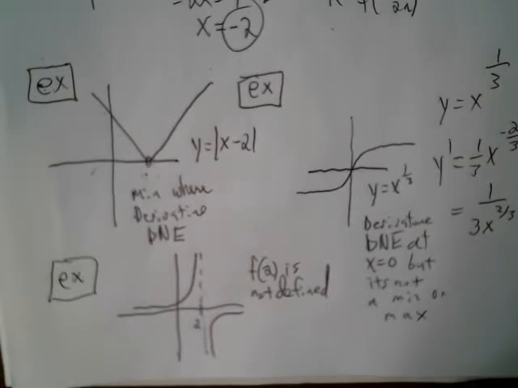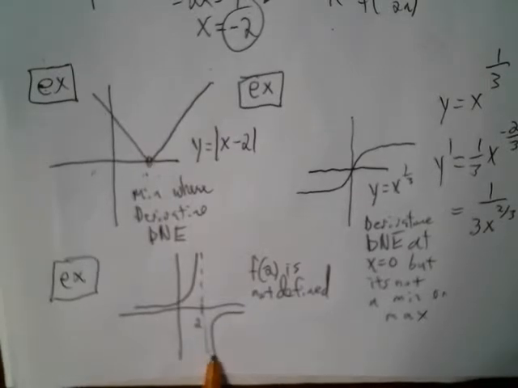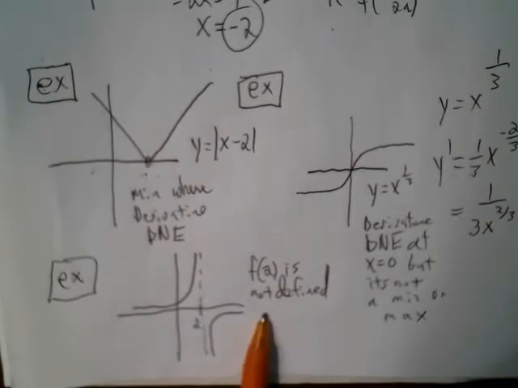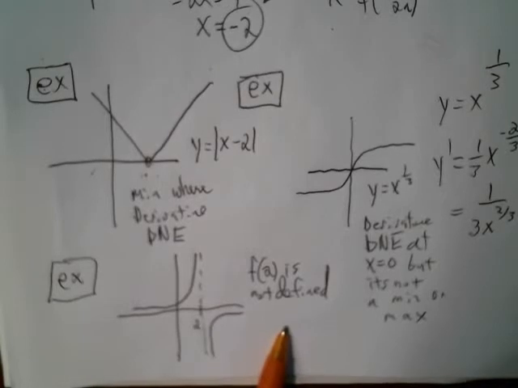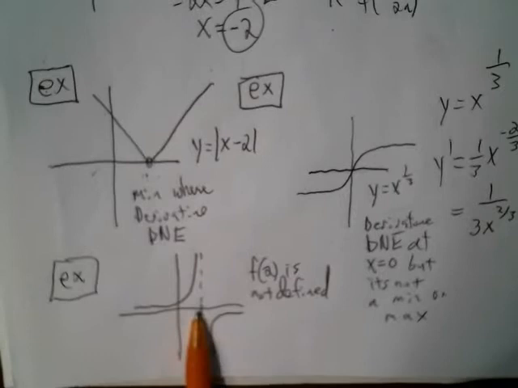Best case, from the left and from the right, it'll have vertical tangent lines, so an infinite value for your derivative. So there's no way it's going to be a max or a min, is what I'm getting at. And in order for something to be considered as a potential candidate for a max or min, it has to be defined. If it's not defined, then you don't even include it.